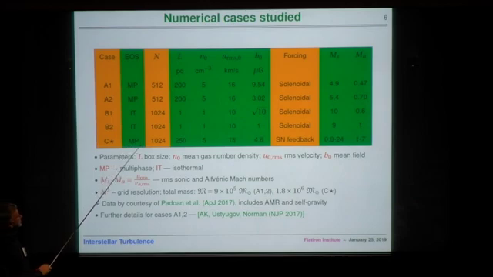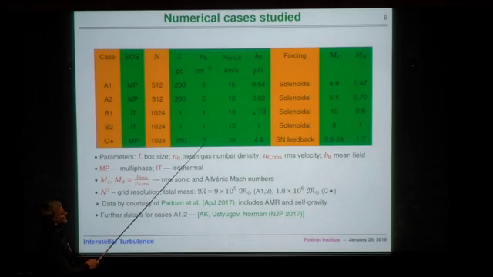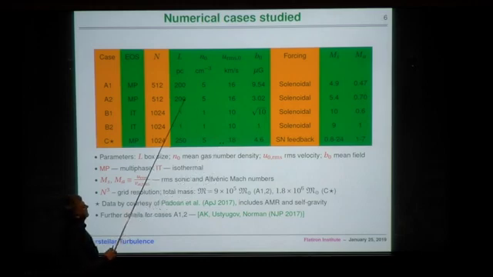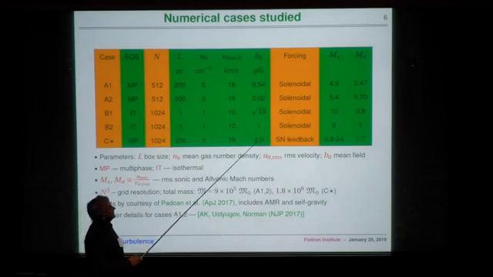So the resolution is higher. The box is very similar. Mean density is the same. RMS velocity, which normalizes the forcing strength, is the same if you recalculate it to this scale. And then what we get, the mean field is in between, okay?